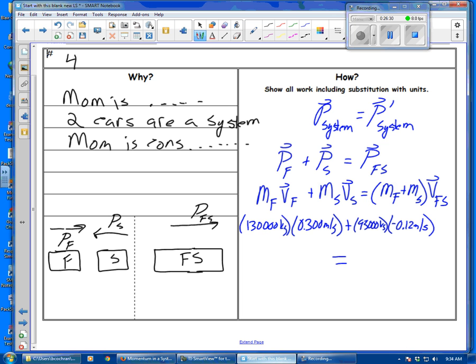That all equals 130,000 kilograms plus 95,000 kilograms times VFS. Solve for VFS. If you get positive, it means it's moving to the right. If you get negative, it means it's moving to the left. Give it a try. I'll come around and help as needed.